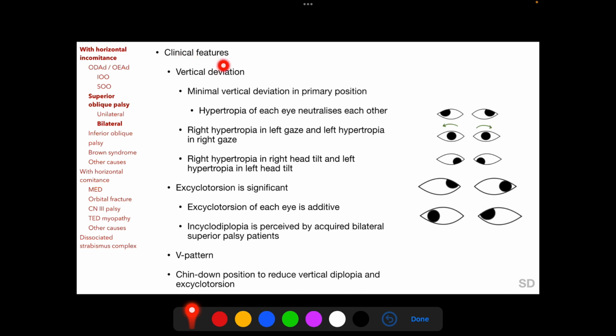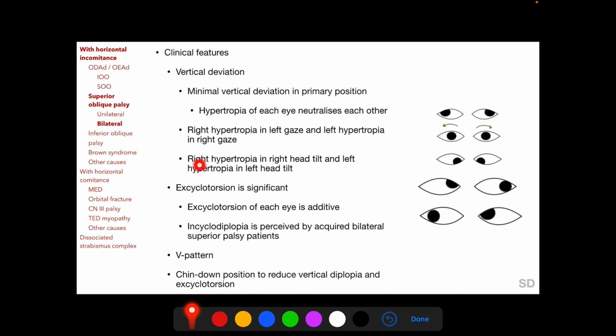The clinical features of bilateral superior oblique palsy include minimal vertical deviation between the two eyes in primary position, particularly in a symmetrical bilateral superior oblique palsy, because hypertropia of each eye neutralize each other, and we'll find right hypertropia in left gaze and left hypertropia in right gaze in bilateral superior oblique palsy.